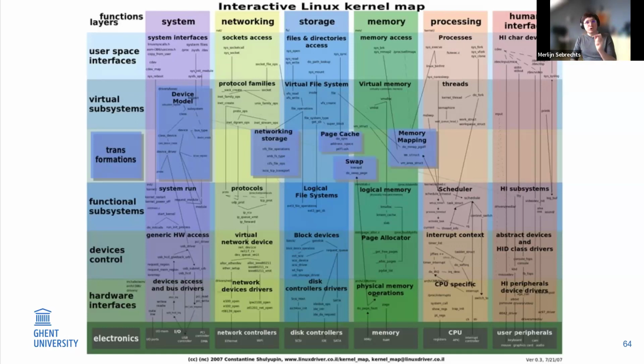However, if your code is interacting with code of other subsystems, then you need to get two people together and have them both agree that your change is a good change that should be added to the code base.